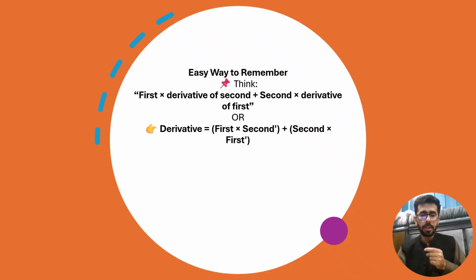The simple way that you can remember this rule is that you keep the first function as it is. So for example, you keep f of x, then you just find the derivative of g of x, then add a plus sign. Keep the second function as it is, and now apply the derivative of the first function.